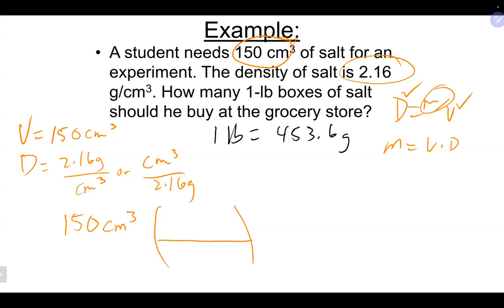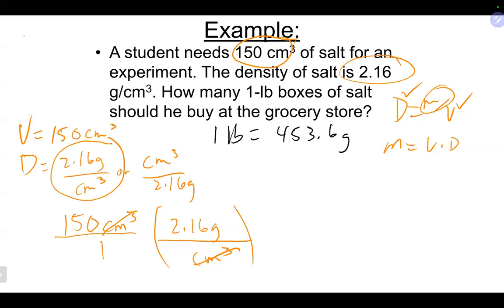Although the cubic centimeters are not written as a fraction, they are kind of up on top. So to get rid of them, we would want the opposite location for the cubic centimeters, and we would go with the 2.16 grams per cubic centimeter. The cubic centimeters would cancel each other out because we're dividing by them.